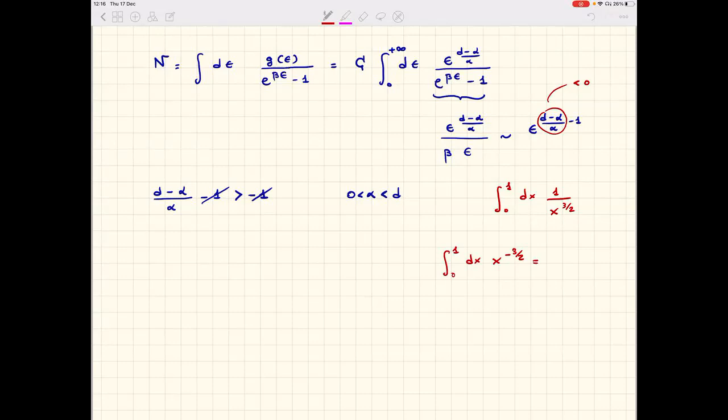So how do we do this integral? Minus half. Minus 2 x to the minus half. Wait a second. Plus 1, right? Anyway.